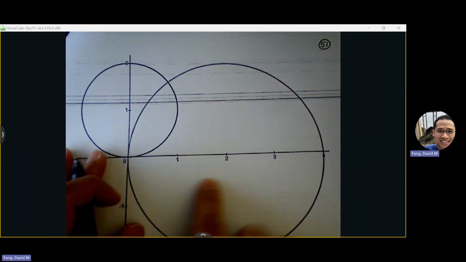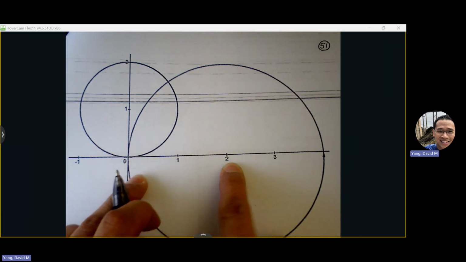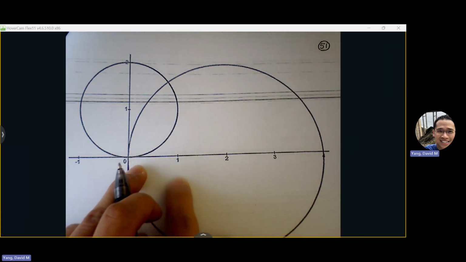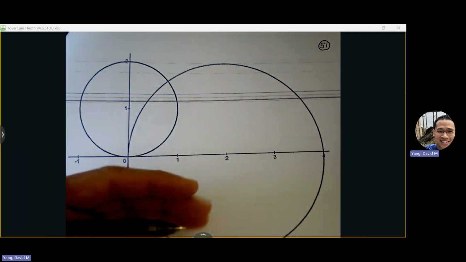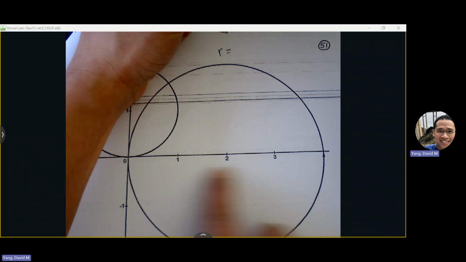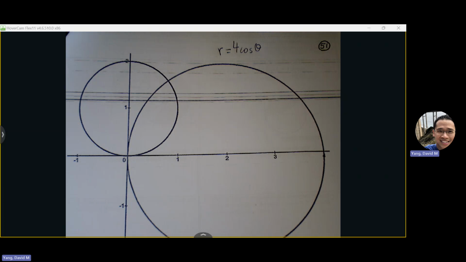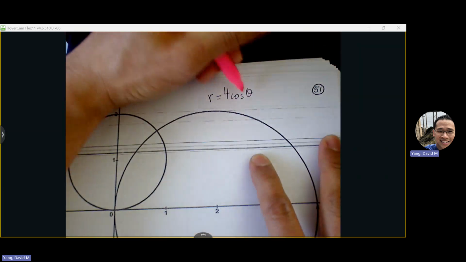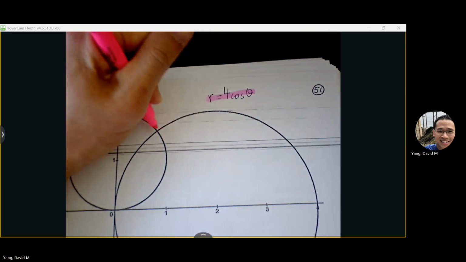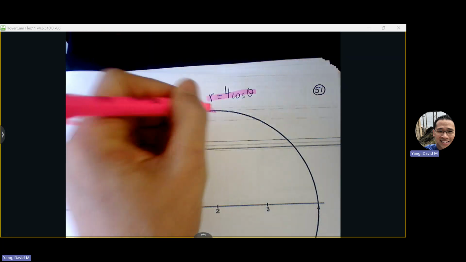That's the circle that is centered at 2, symmetrical about the x-axis, and has a diameter of 4. I'm going to use red for cosine for this curve here. You don't have to highlight it. I just want to do it for demonstration purposes.